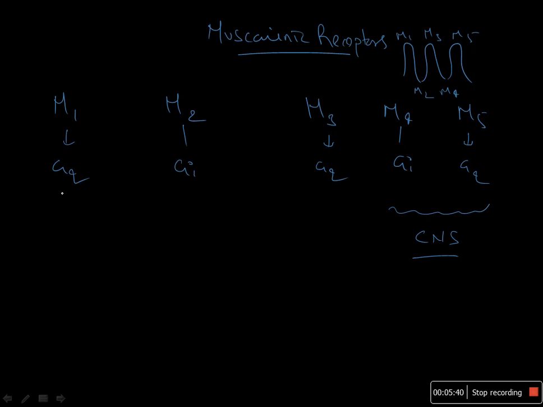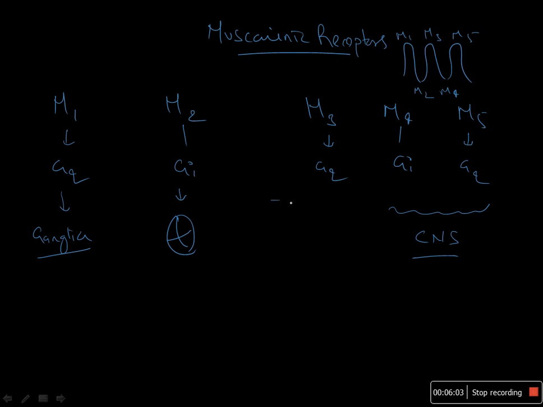Now let's talk about the M1 receptor. Of course it is found in the central nervous system, but it is also found in ganglia. They can be preganglionic or postganglionic. M2 receptors are inhibitory. They are found in the heart. M3 receptors have a very vast distribution.